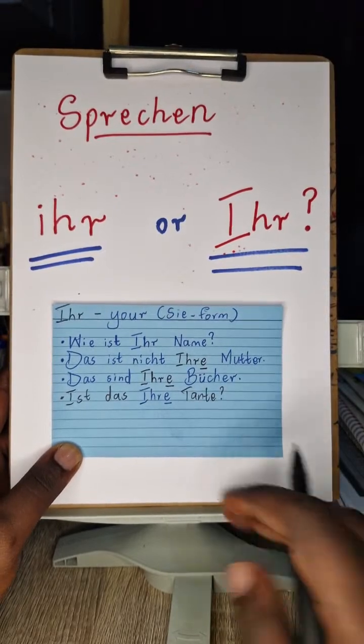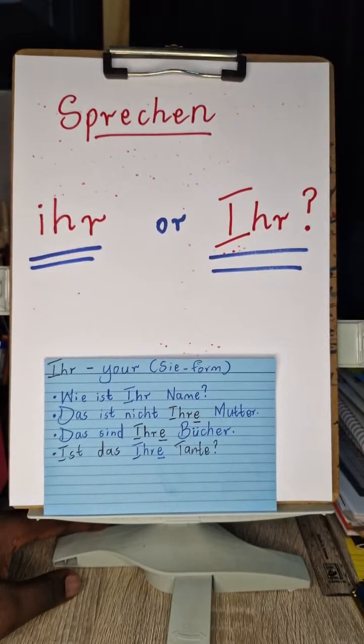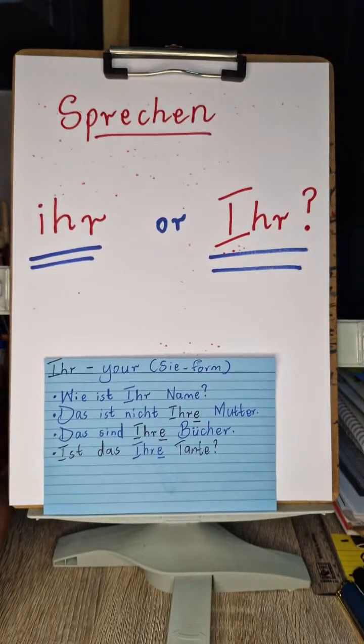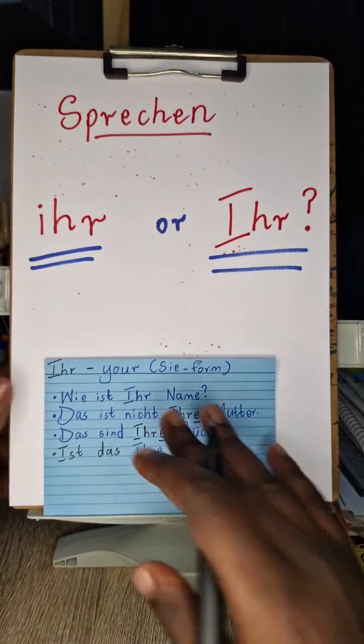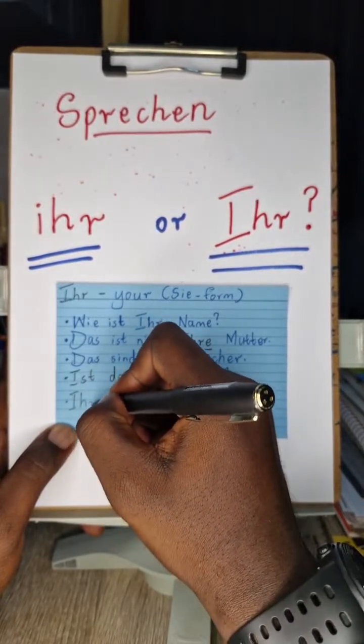Now, let's get to see the last example. You want to say, your parents are here. Now you'd say, ihre.